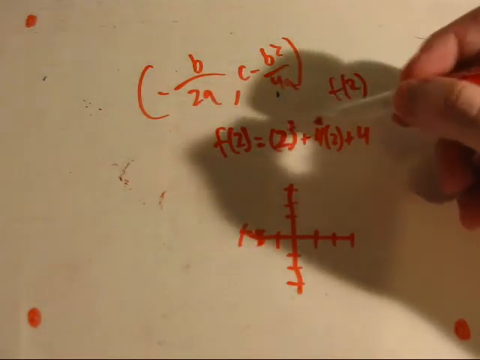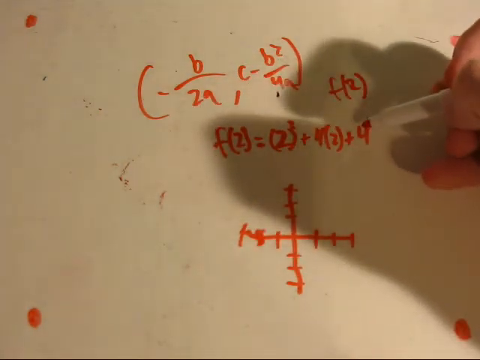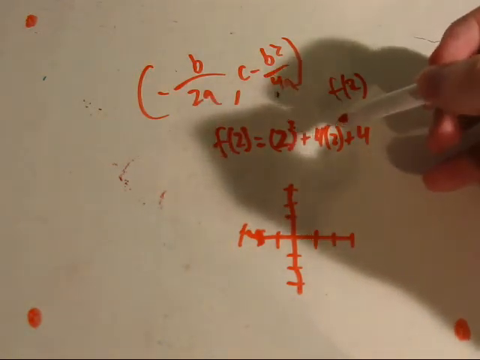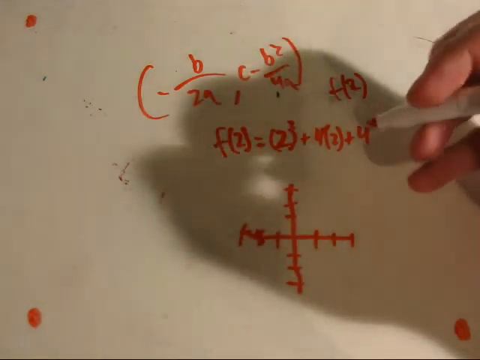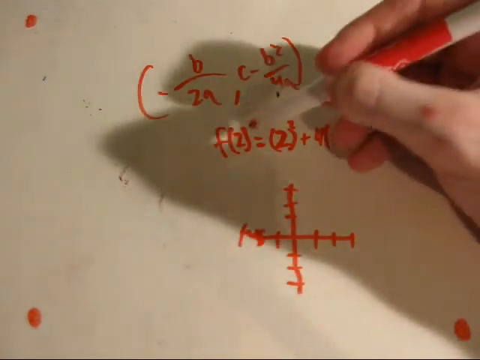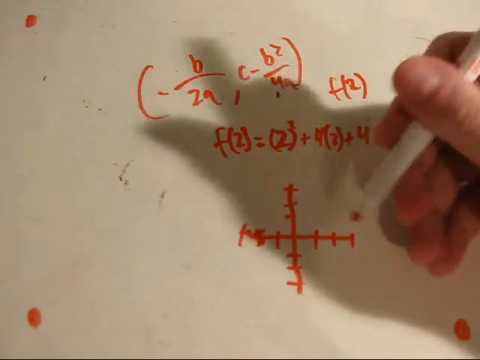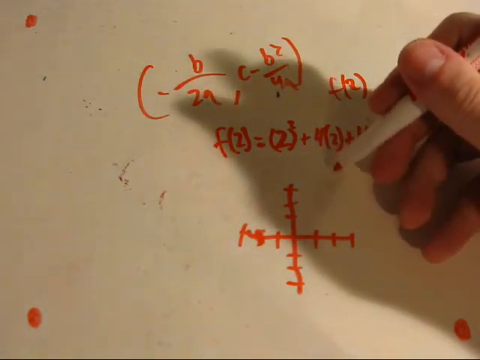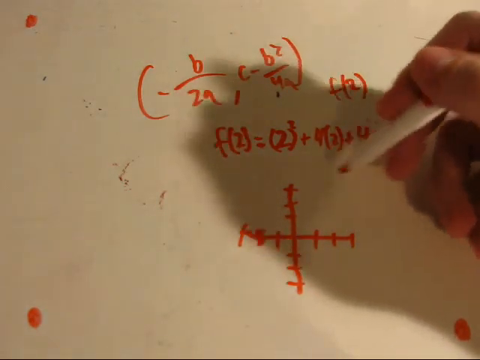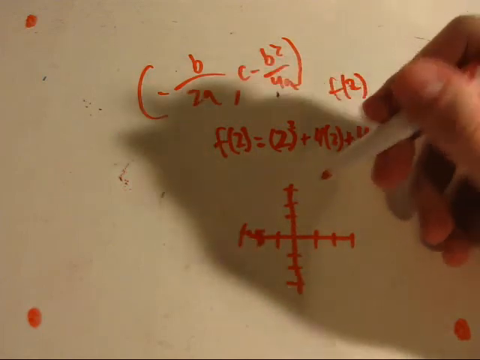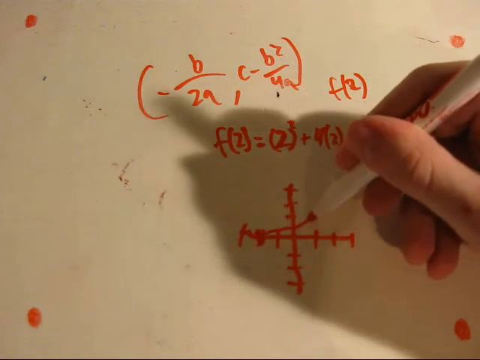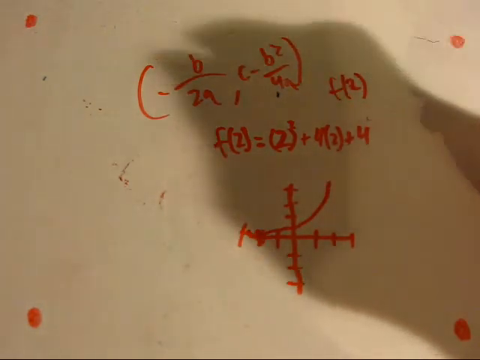That's 4 plus 8 plus 4. 4 plus 4, 8 plus 8, 16. So, when your x value is 2, you've got 16, which is up here. So, I'm guessing the line would look a little like that.